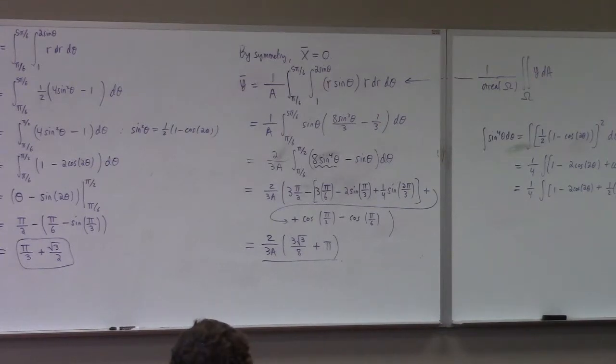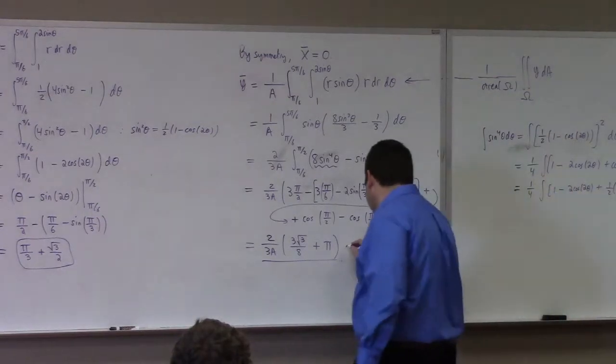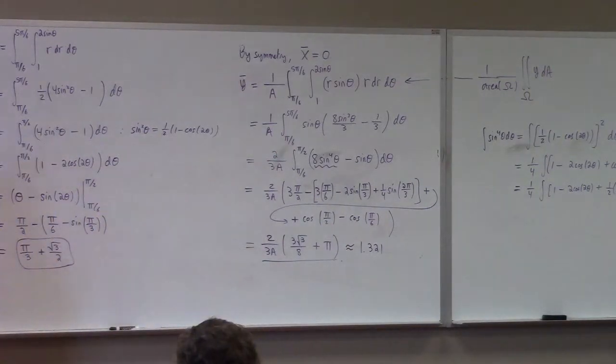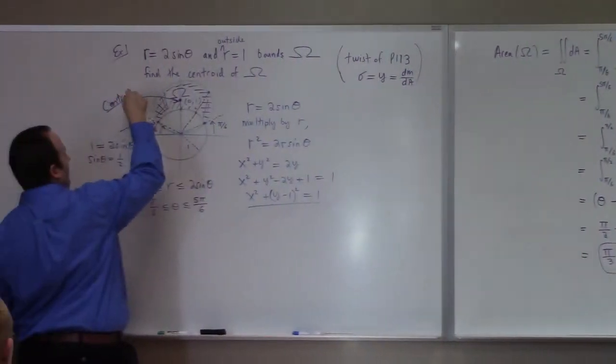We said pi over 3 plus square root of 3 divided by 2. I get about 1.321. Which makes sense. About right there.